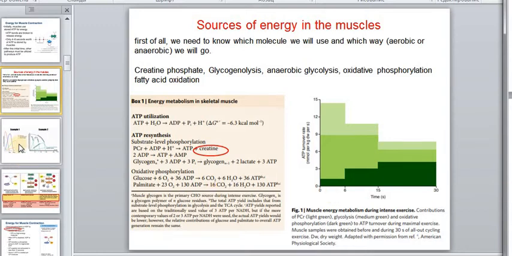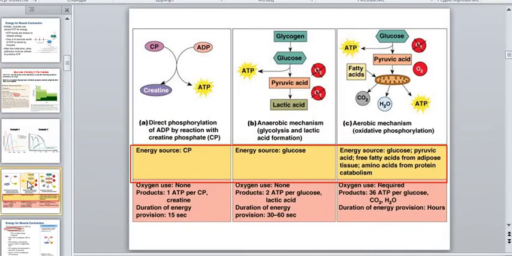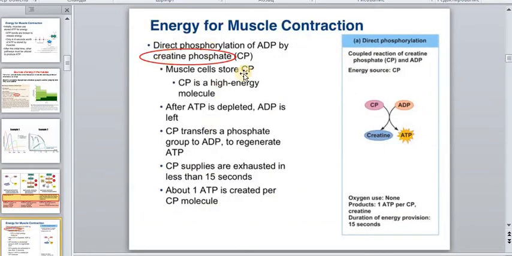Let's start with the creatine molecules. It's very important. Creatine phosphate. The creatine phosphate pathway is the most powerful, but it needs oxygen to restore the level of phosphocreatine, and normal blood flow.